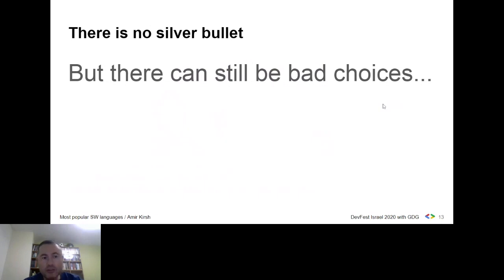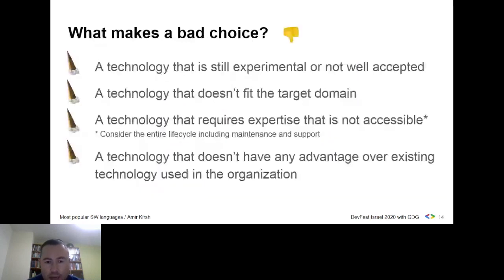We would not like to go through a technology that doesn't fit the target domain. And we'll talk about target domains. Or a technology that requires expertise that is not accessible, either in the company or we cannot get candidates for this technology. And we have to consider the entire life cycle including maintenance and support, because in many cases, there is a programmer who read about Julia and says, I want to do something with Julia.